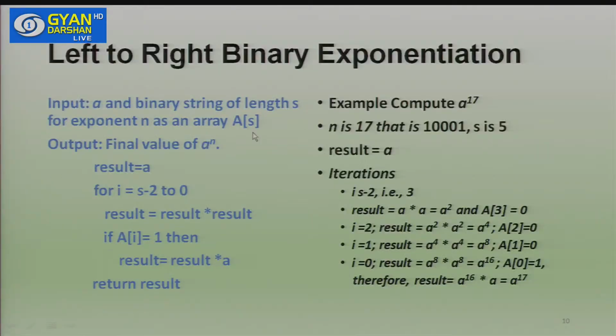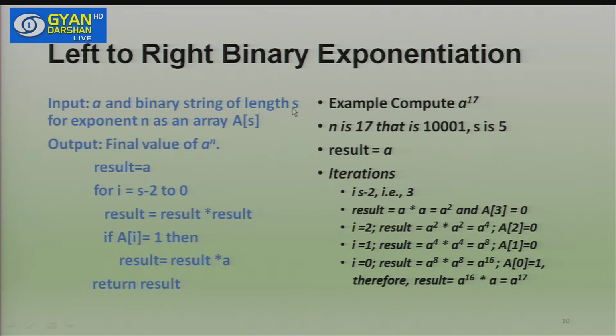Right. Now if we see, there are two kinds of exponentiations which are going to be possible here. So first is left to right binary exponentiation and another is going to be right to left exponentiation. Well, suppose input A and binary string of length S, right?